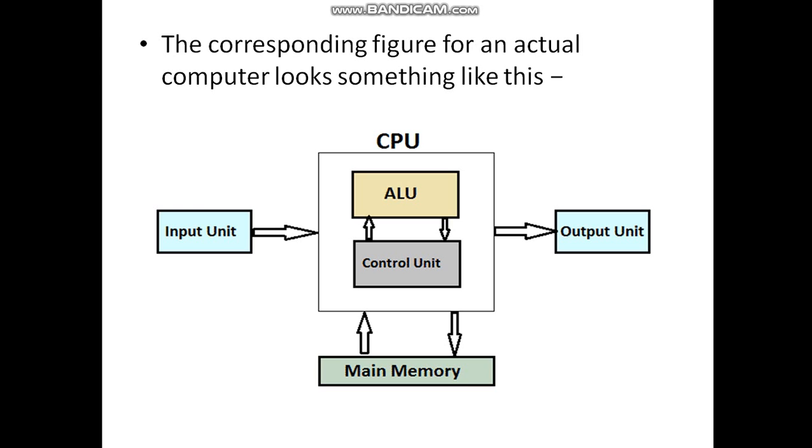First is the ALU, arithmetical logical unit, and second is the control unit, which controls the whole computer. Here in the CPU part there is processing. During processing we save data in our storage. Here storage means computer memory. Here it is the main memory. Then we receive some output.